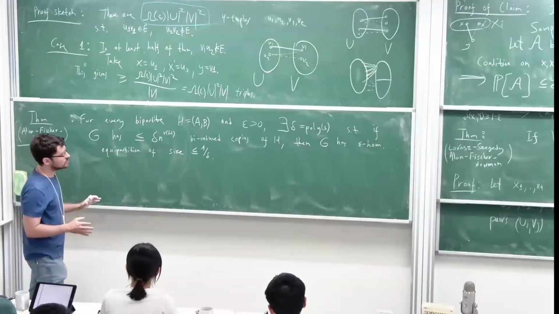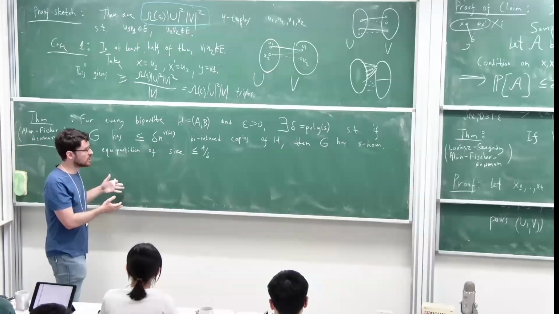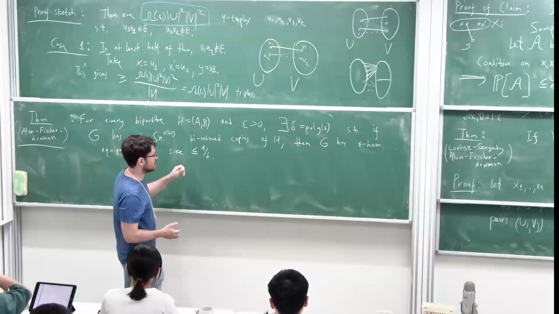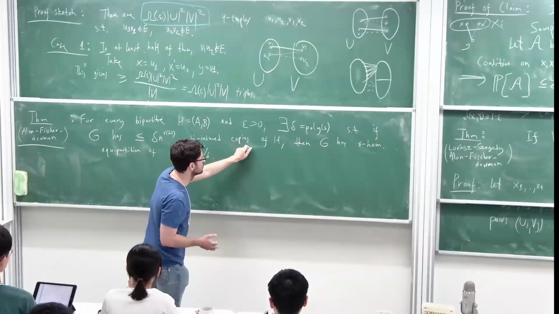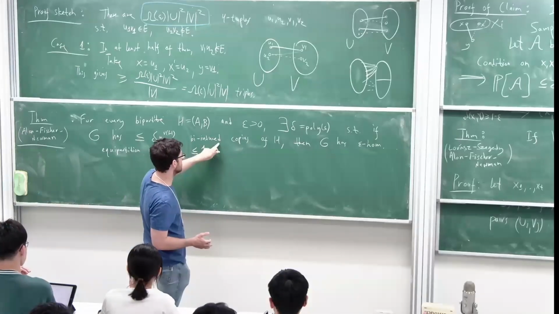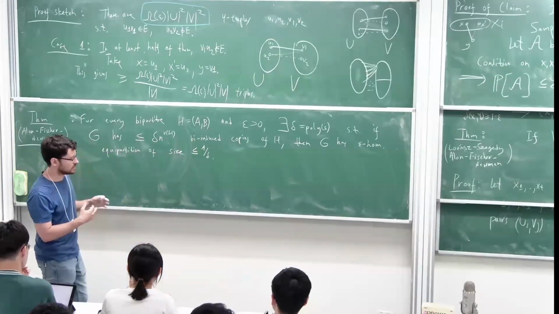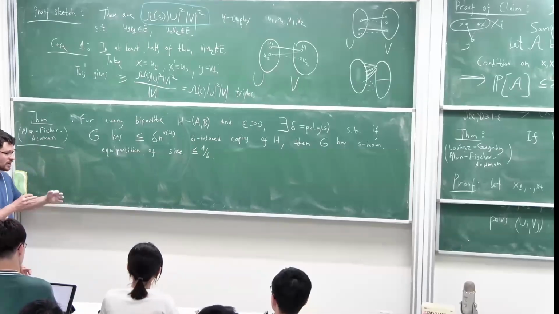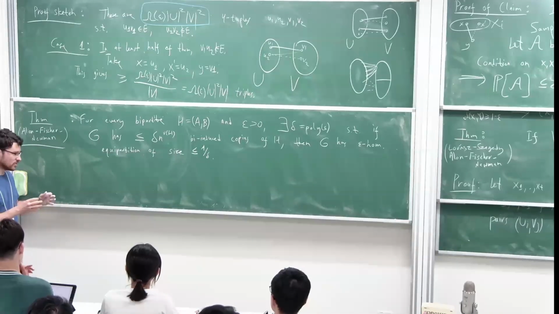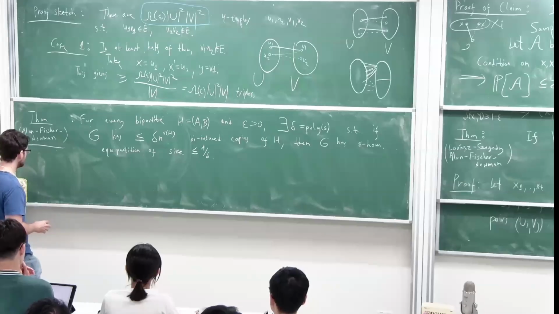The last thing I want to do before stating the result I just said is that there is a way of reformulating this condition. Instead of forbidding something as a bi-induced subgraph, we can forbid some other graphs as induced graphs. So let me explain exactly what this means.